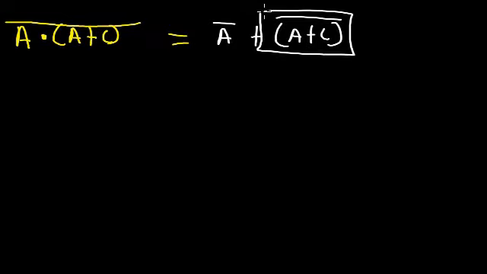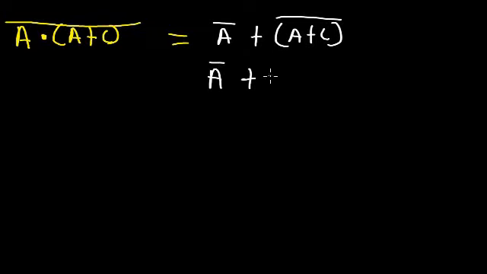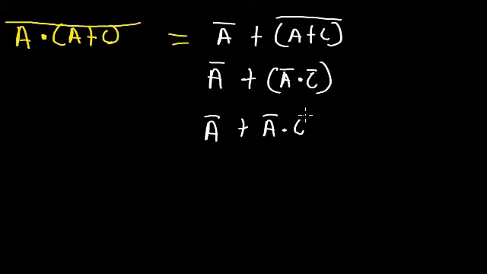Now we can simplify this again, since we are having the complement of the sum. According to De Morgan's again, the complement of the sum can be replaced with the product of the complements, and that will become A bar plus A bar multiplied by C bar.